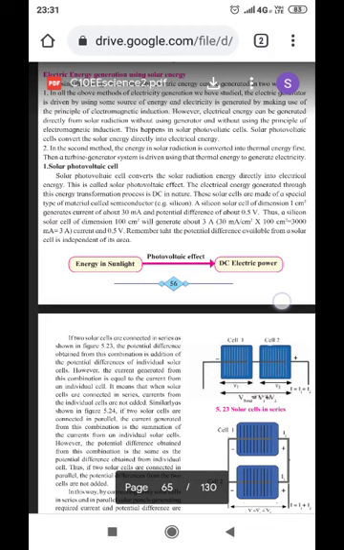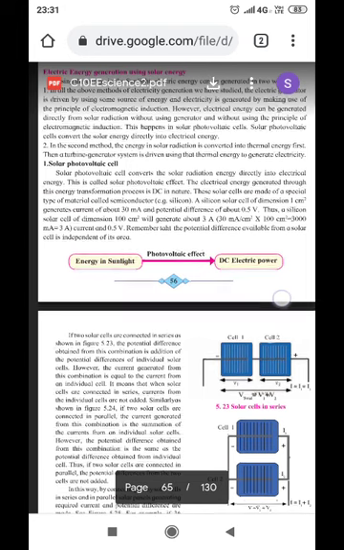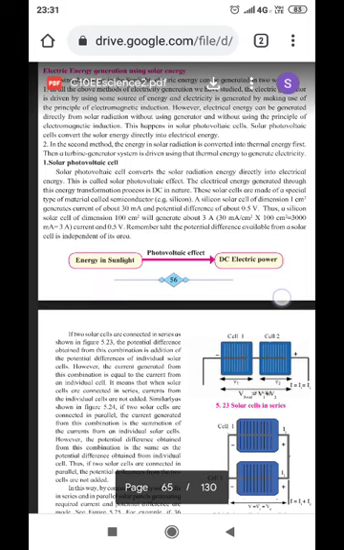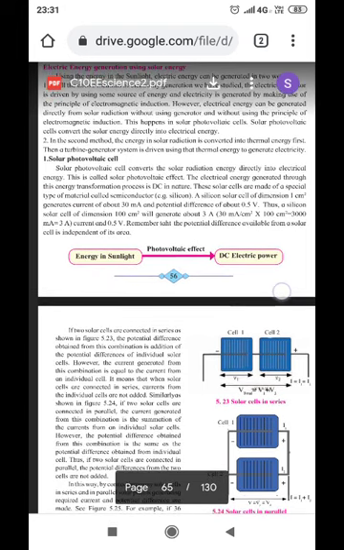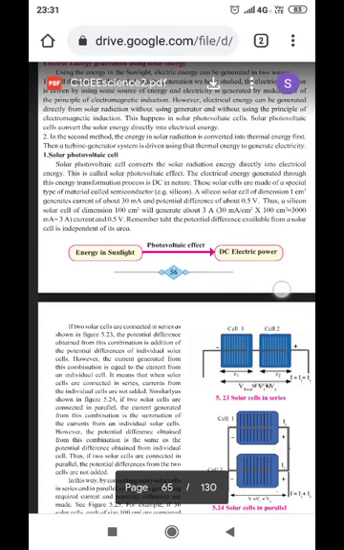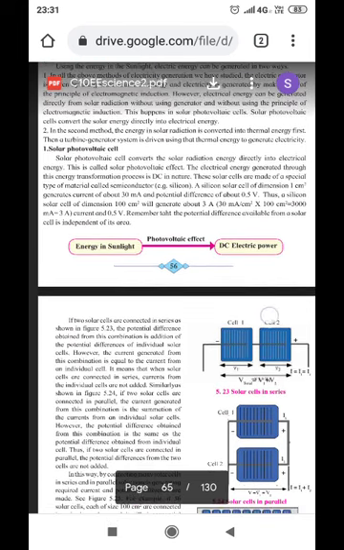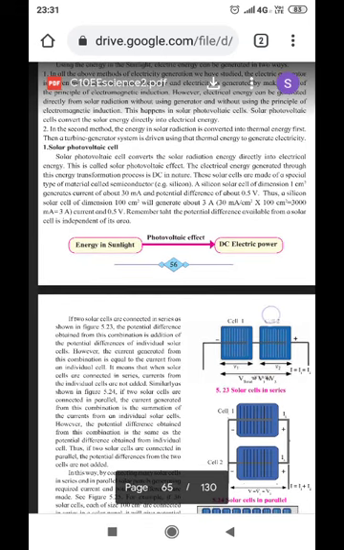These solar cells are made up of a special type of material called a semiconductor, that is silicon. A silicon solar cell of dimension 1 centimeter square generates a current of about 30 milliampere and a potential difference of about 0.5 volt.